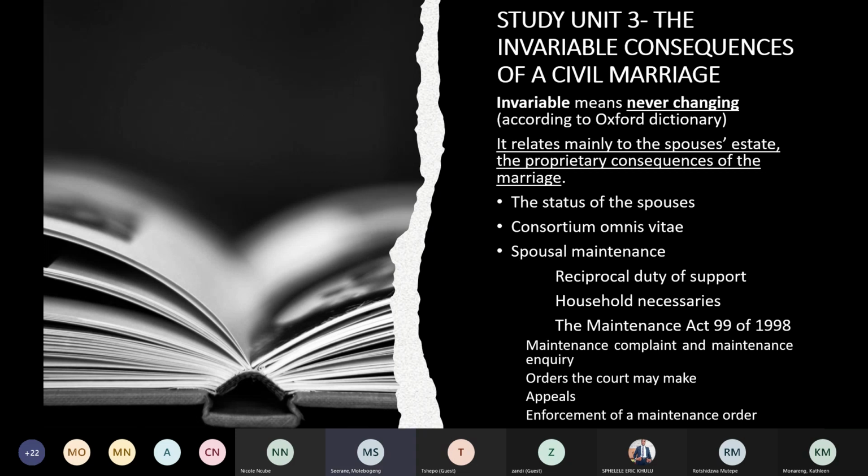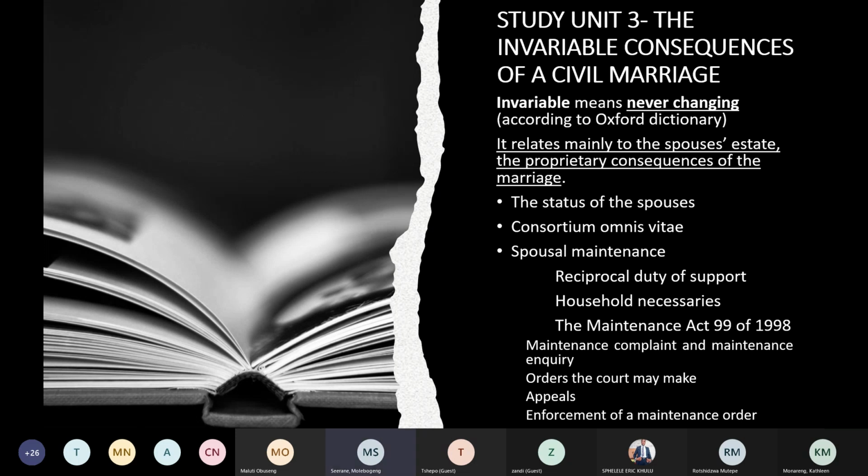And there needs to be the existence of a joint household, meaning these people must be staying together. And the transactions that they make must relate to the household necessities, meaning that you cannot just buy a personal item and claim that it is spousal maintenance, whereas it does not contribute to the household necessities.